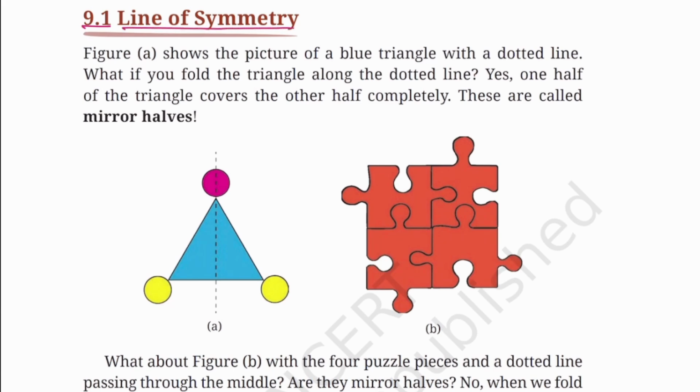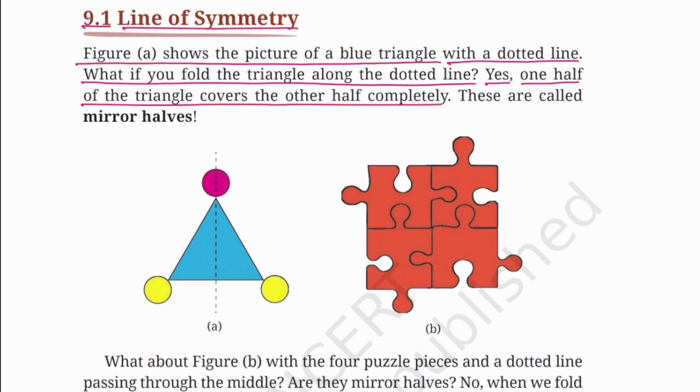9.1 Line of Symmetry. Figure A shows the picture of a blue triangle with a dotted line. What if you fold the triangle along the dotted line? Yes, one half of the triangle covers the other half completely. These are called mirror halves.